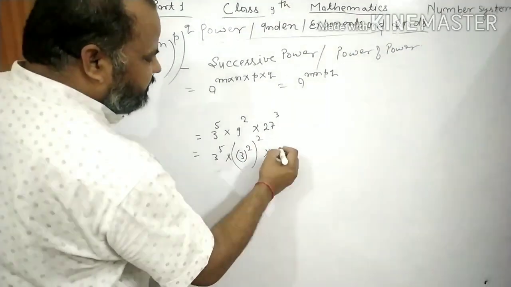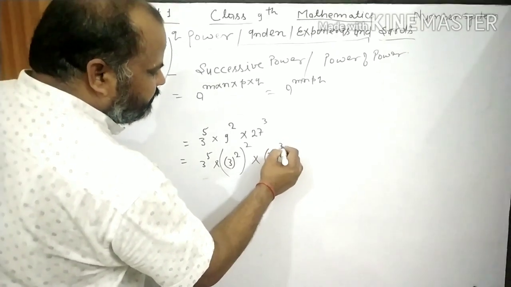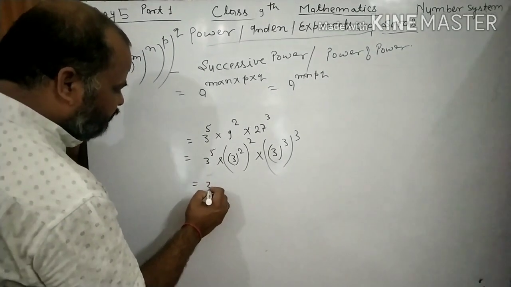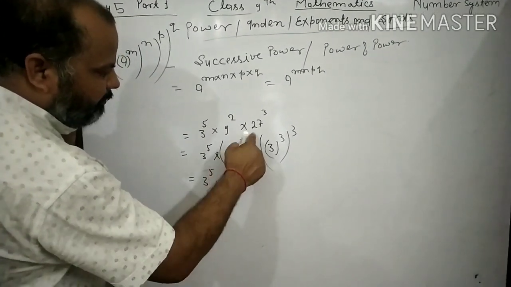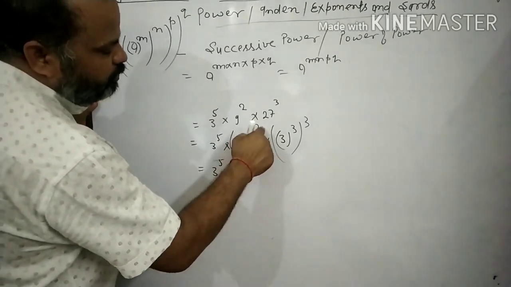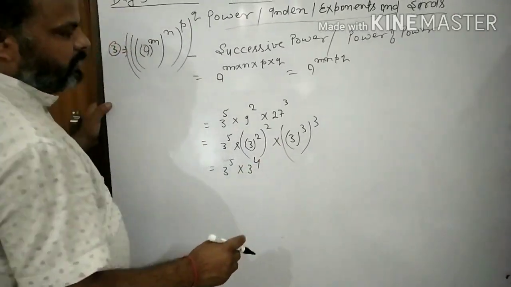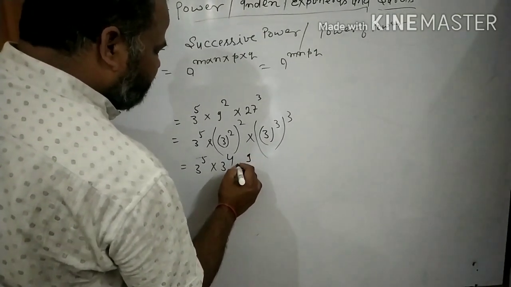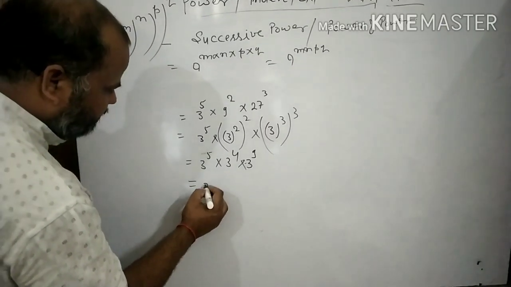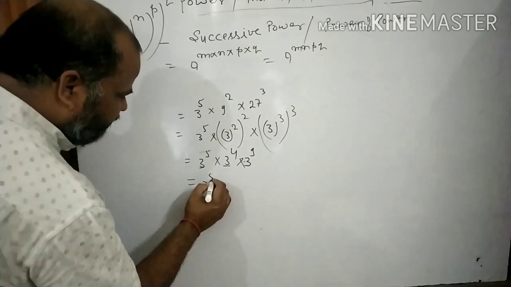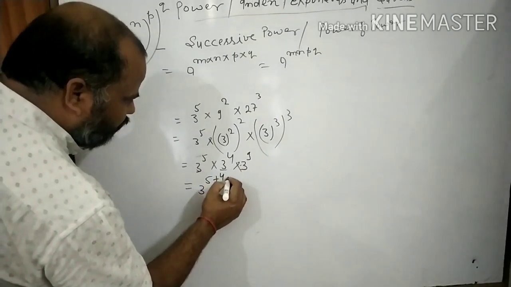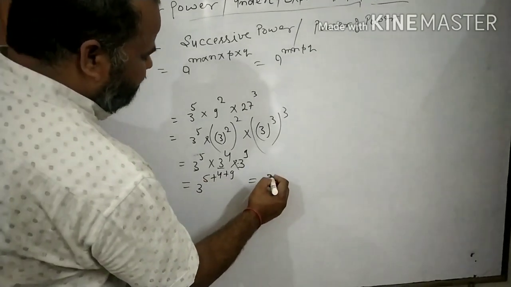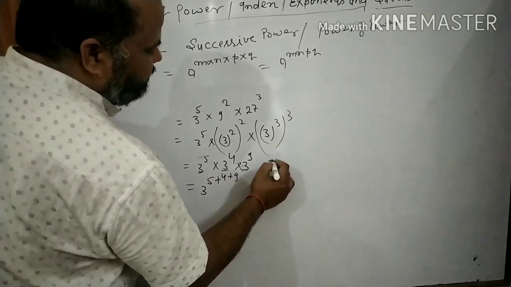And 27 is written 3 to the power 3, and to the power 3. Clear? Then 3 to the power 5 is power of power, the successive power, so 2 2s are 4 and 3 3s are 9. All the bases are the same, so the powers are 5 and 4 and 9 added, which is 3 to the power 18, our answer.